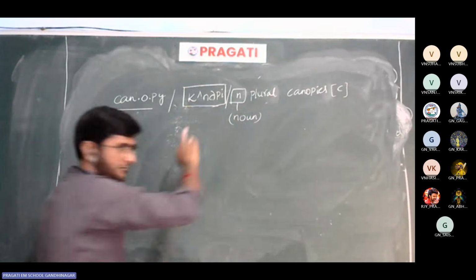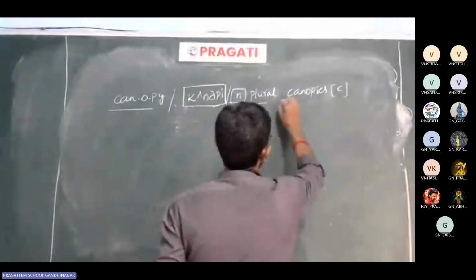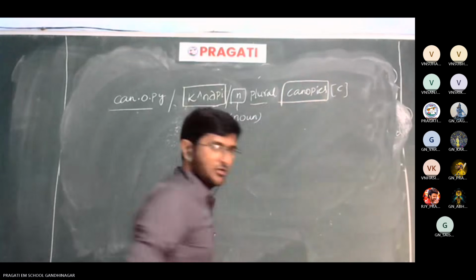The part of speech of this word is noun, right? So its plural form is also given. What is that? Canopies. Okay.